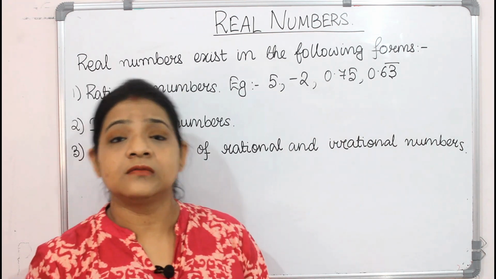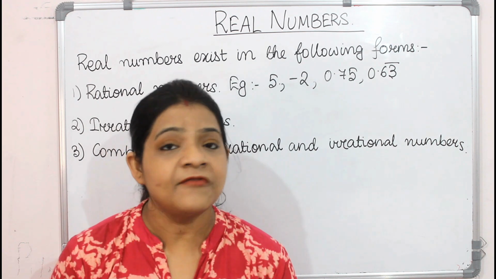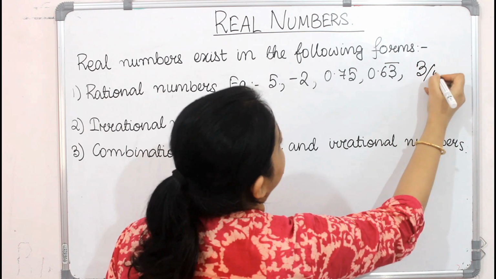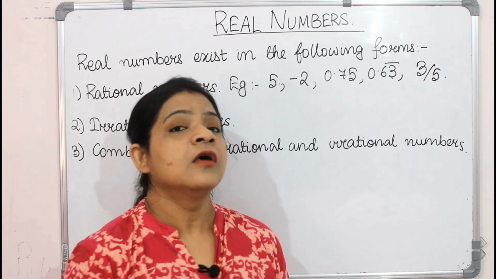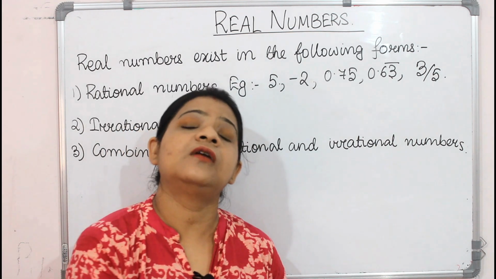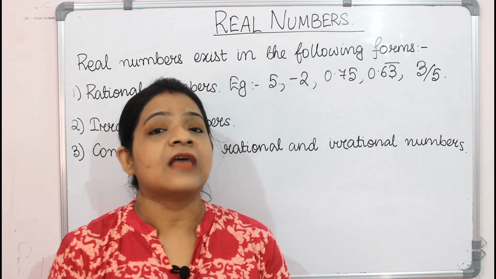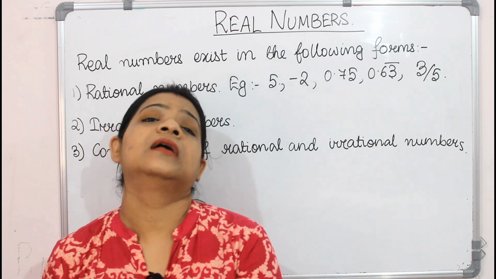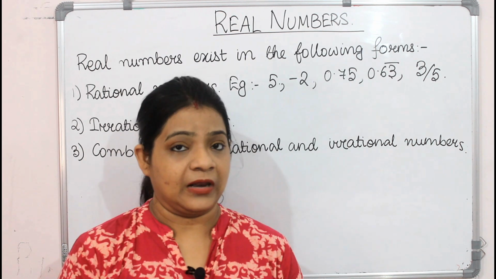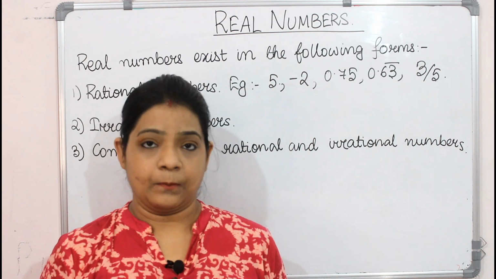This also is a rational number, and it also belongs to the real number family. And a fraction like 3 by 5 is also a rational number as well as a real number. Whenever we talk about a rational number, we can say straightaway that it belongs to the real number family.